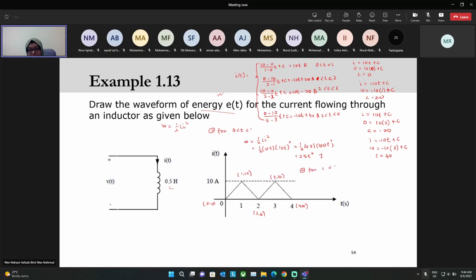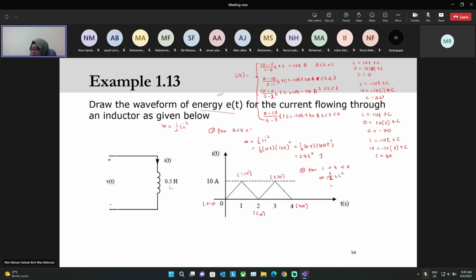Seterusnya, for 1 to 2, W sama dengan 1/2 Li. Madam, yang 25 tu bukan 0.25 lah. 100 darab 0.5 bagi 2, 25.